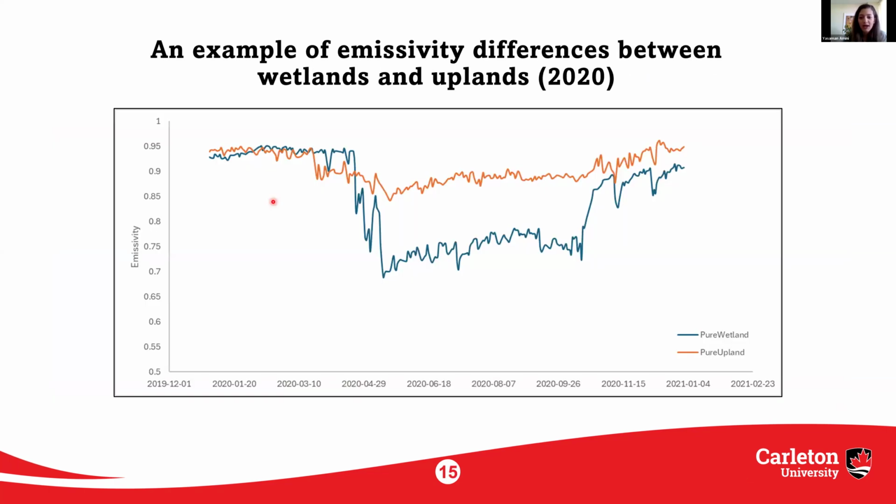And this is an example of how emissivity differs between wetland and upland pixels in 2022. As you can see, the emissivity values are quite different. Now that we have extracted all the data for these pixels, the next step is to calibrate the parameters in the SMAP soil moisture algorithm to improve the accuracy.